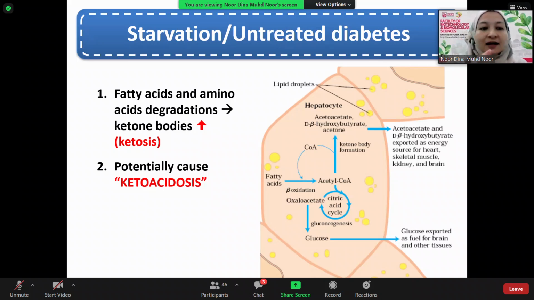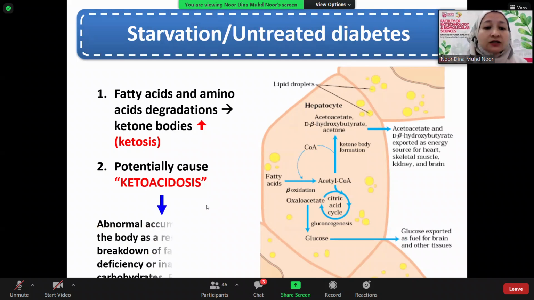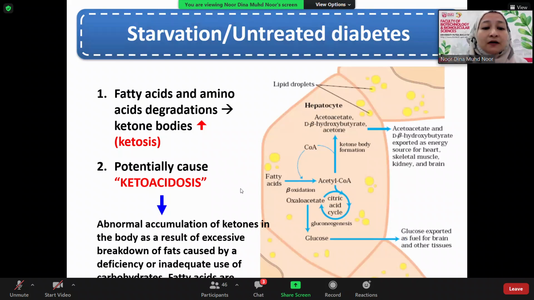Ketosis is okay, it is normal, but then it can potentially cause ketoacidosis. Yang ni kita tak nak. This is what we don't want, ketoacidosis, because it will result in excessive breakdown of fat, and can cause the deficiency or inadequate use of carbohydrate.